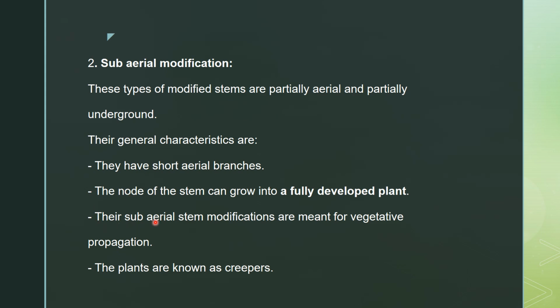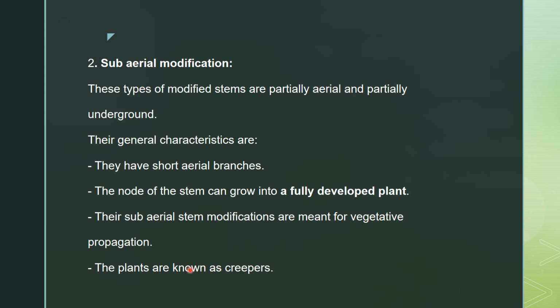Subaerial stem modifications are meant for vegetative propagation, because they can give another new plant.